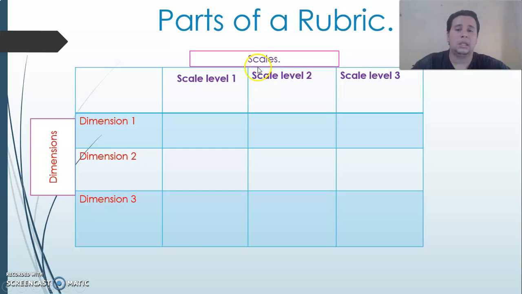And for the scales, we have different scales according to the performance of our students for each one of the dimensions. We have one, two, and three scales. Or maybe we can consider a poor scale, a moderate scale, and an excellent scale. Of course, each scale has its corresponding score.